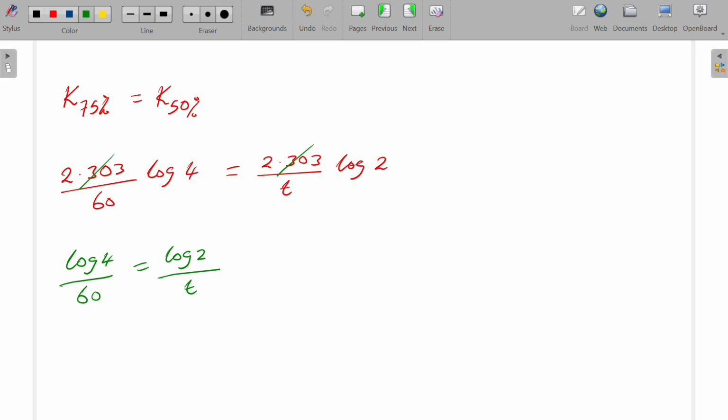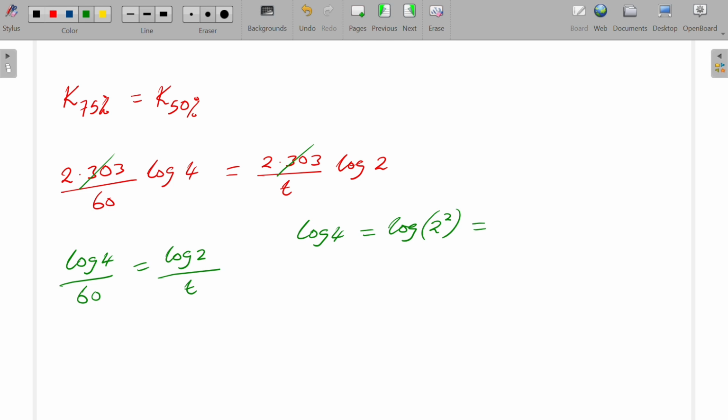So let's continue. Now, when you reach this stage, we're going to represent the left-hand side. If you have log 4, log 4 is the same as log of 2 to the power of 2.